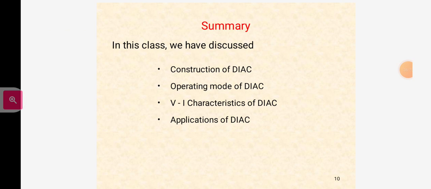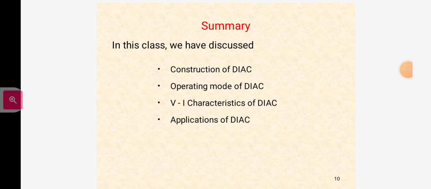When the terminal T1 is positive with respect to T2, the layers PN start conducting when the voltage of T1 is more than the breakover voltage VBO1. Once the conduction starts, the current through the DIAC becomes very large and is limited by the external resistance in the circuit.